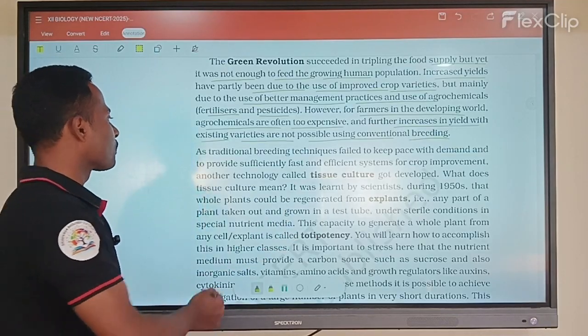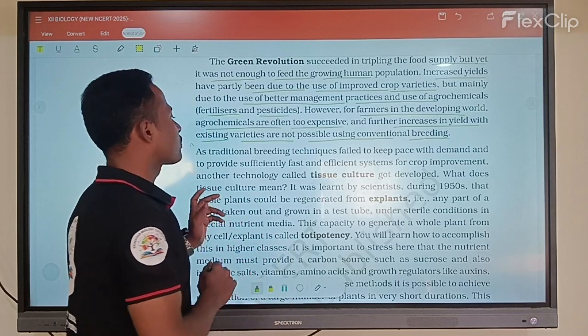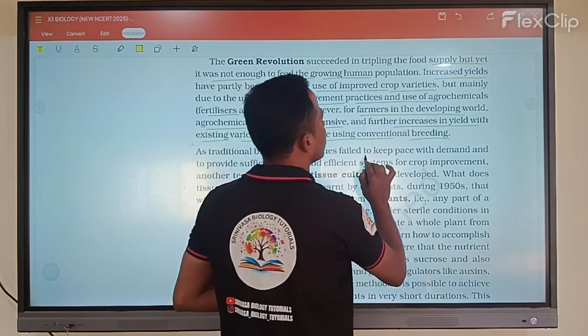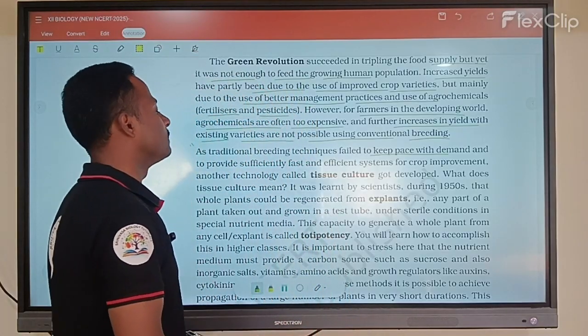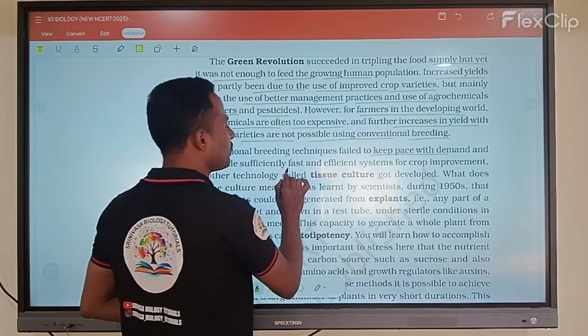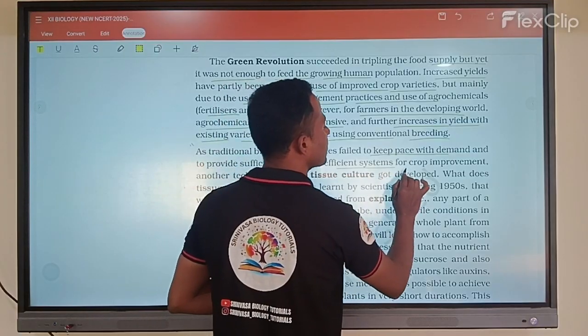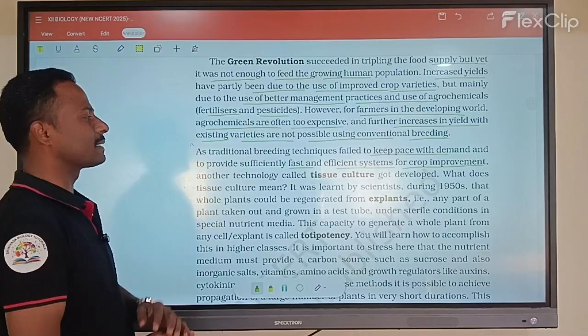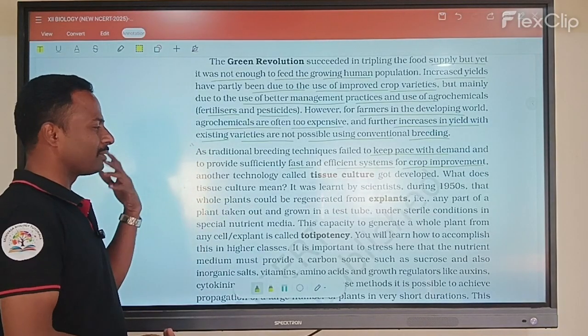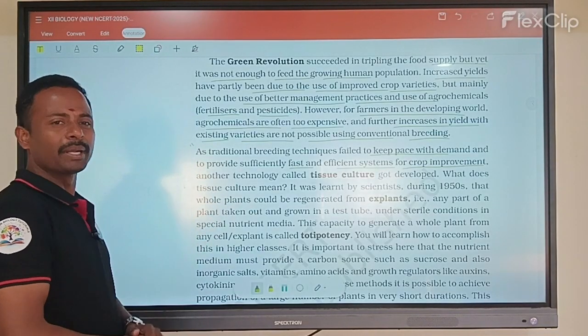As traditional breeding techniques failed to keep pace with demand, scientists needed to provide a fast and efficient system for crop improvement. So for crop improvement, there is a demand beyond the traditional breeding process.